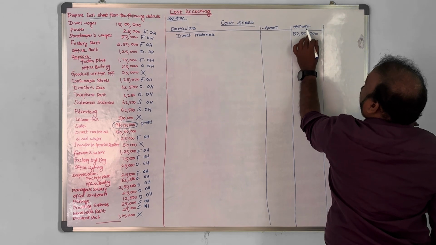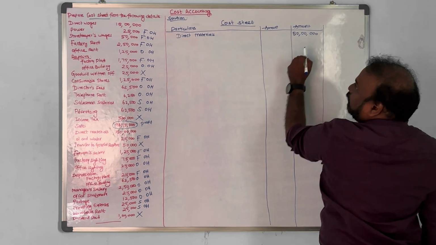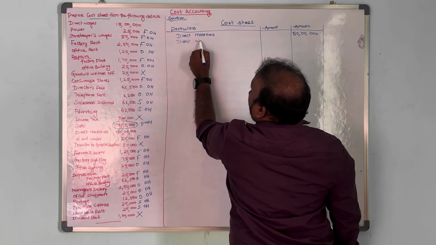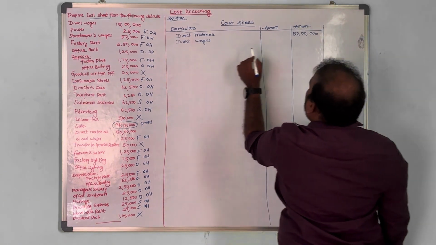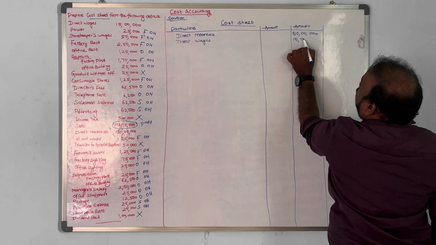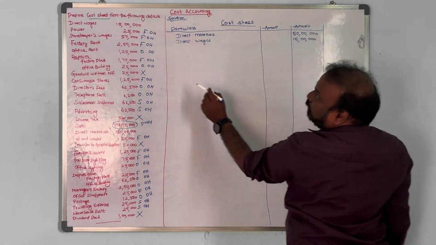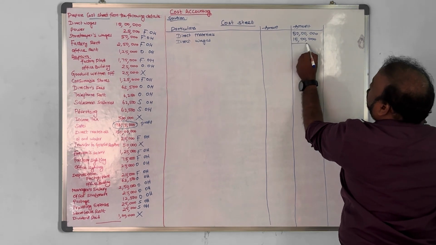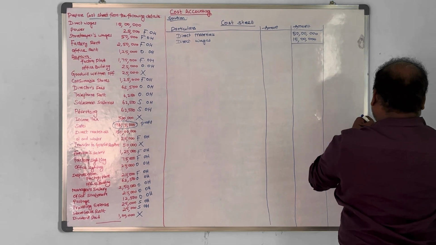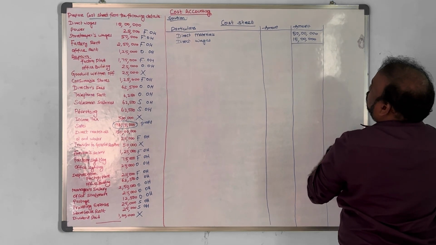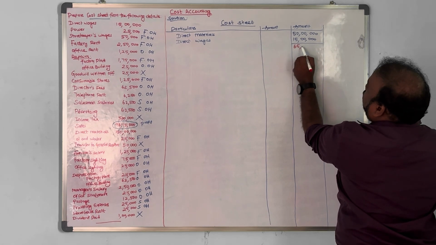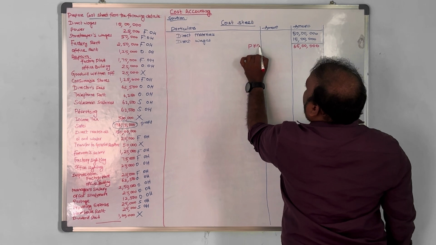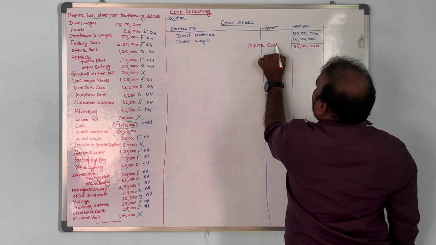Then direct wages is given as 15 lakh. Direct expenses are not given in the question, so that should be ignored. When you add, you get 65 lakh, and the 65 lakh is called prime cost.